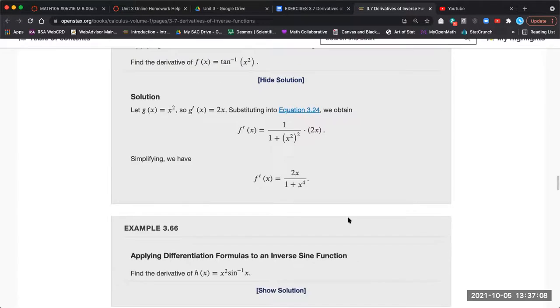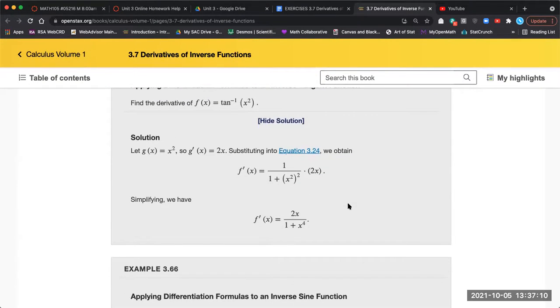Again, this is where I like using the u notation. U notation seems to work better when you're trying to take derivatives with chain rules. Let u equal x squared, and then we know the derivative of inverse tangent of u is 1 over 1 plus u squared, and then times the derivative of u.